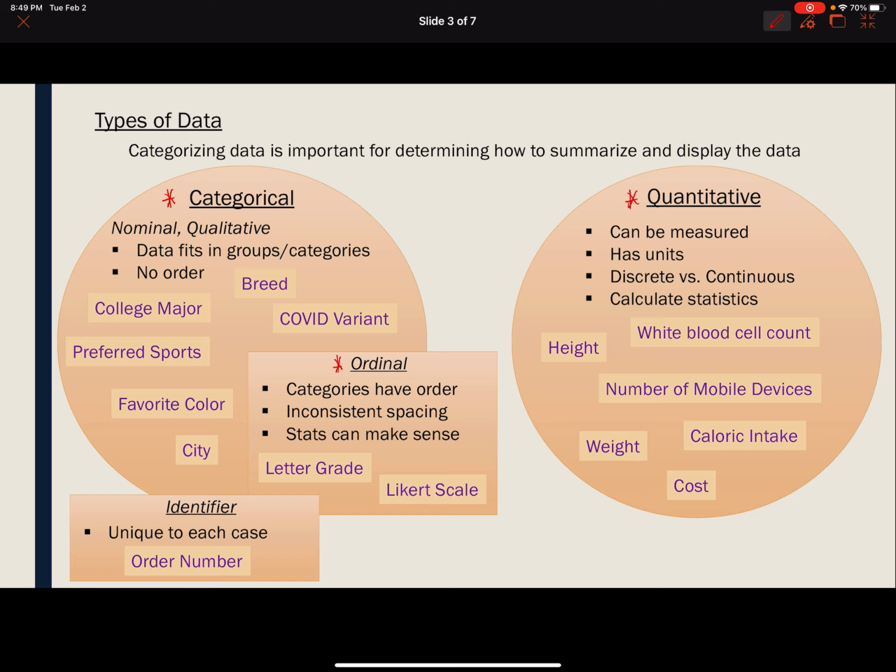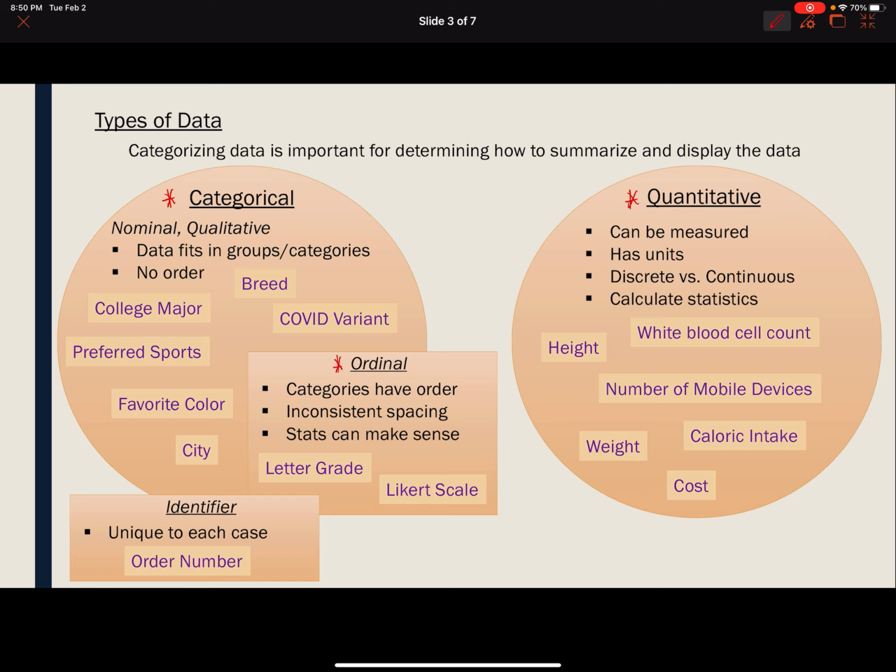Now, I say inconsistent spacing because think about, the difference between satisfied and very satisfied might not be as big, if you could measure it, as it would be between, say, satisfied and dissatisfied. So sometimes in a Likert scale, they're not evenly spaced, and sometimes they are. For ordinal variables like a letter grade, they are evenly spaced.